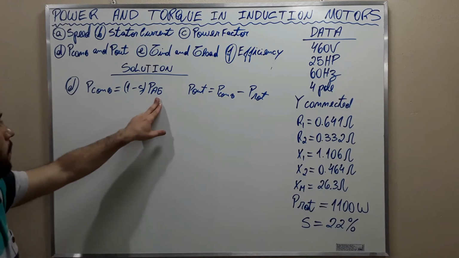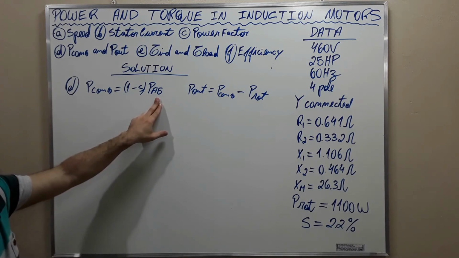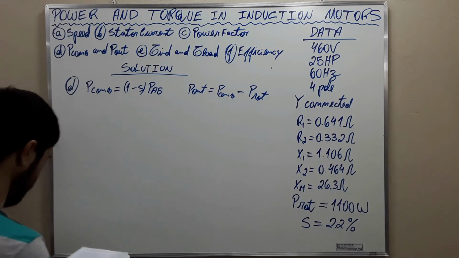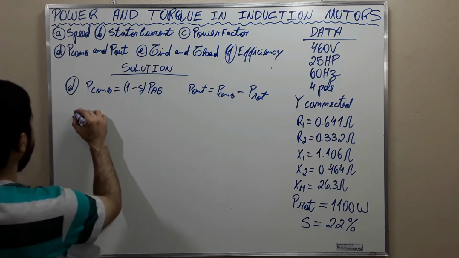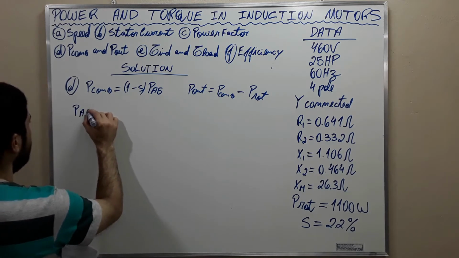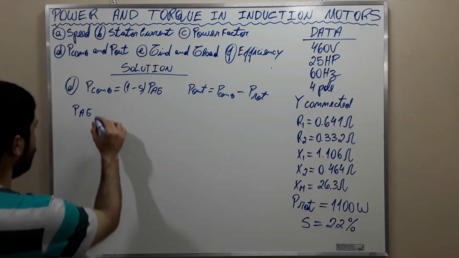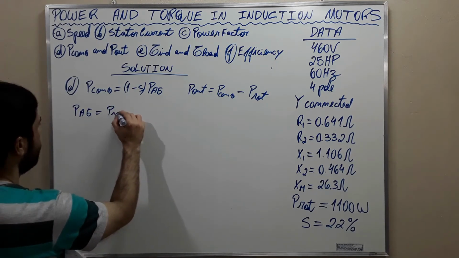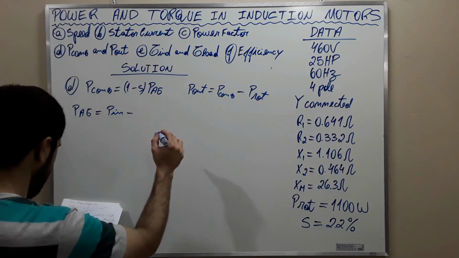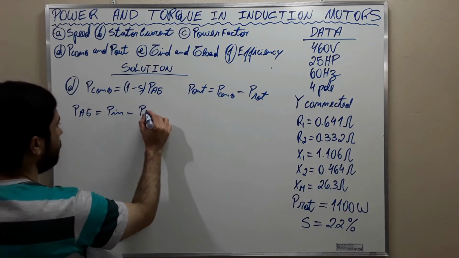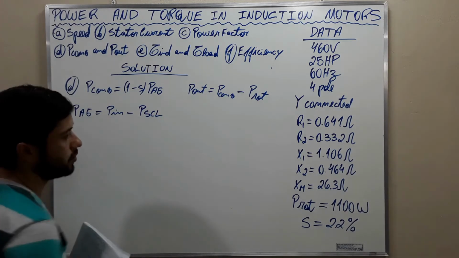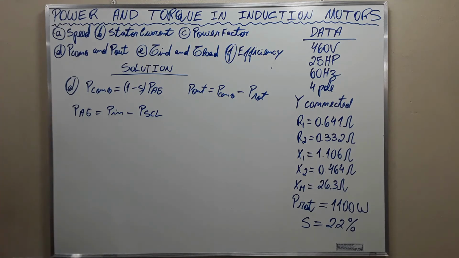Okay, firstly, let's calculate PAG. PAG, the air gap power, is equal to the input power minus the stator copper losses. Let's calculate them.